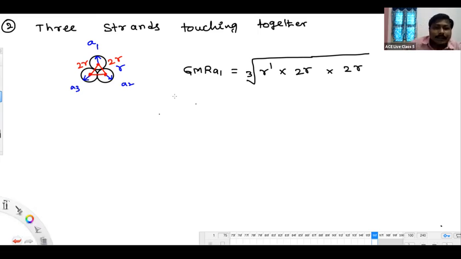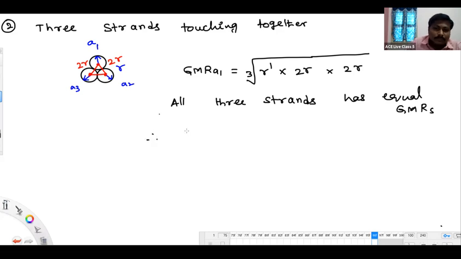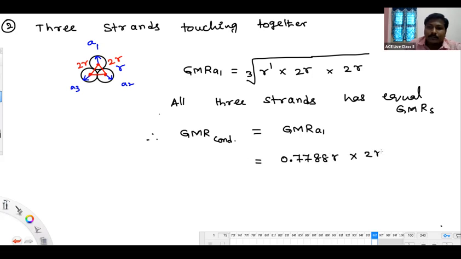So I'll write: all 3 strands have equal GMRs. Therefore, the GMR of the stranded conductor is nothing but the GMR of strand A1. And strand A1 is the cube root of 0.7788 r times 2r times 2r.